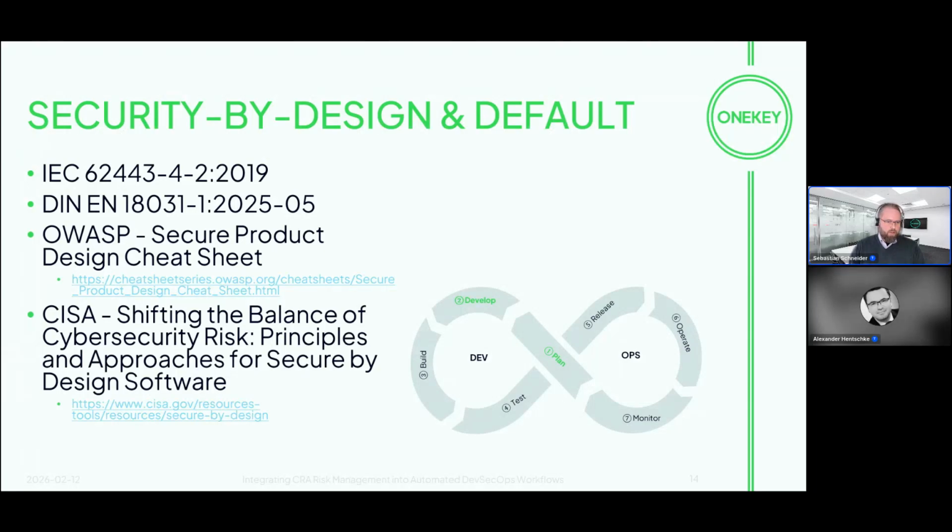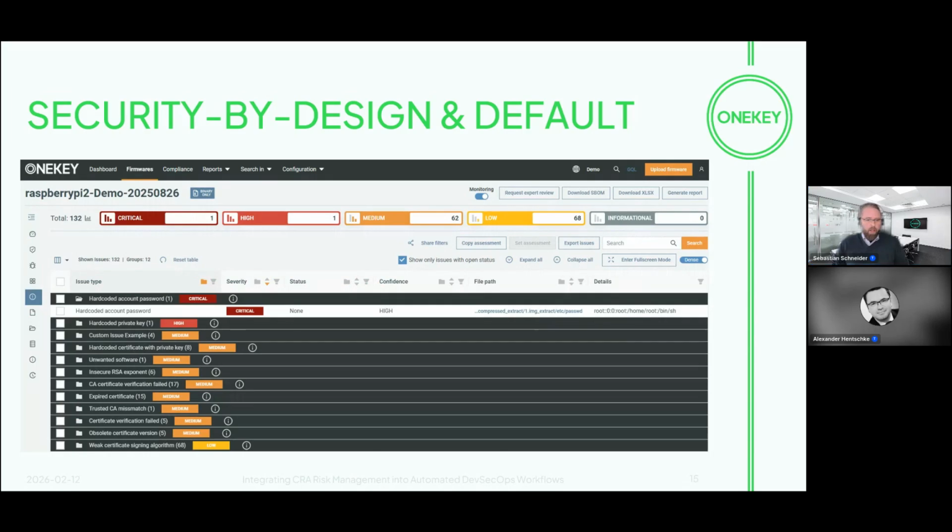And a very good read is the one from CISA, the Critical Infrastructure Security Agency from the US, which has released a series of white papers, and here especially the principles and approaches for secure by design software. Really a recommended read for getting into this topic. Again, our platform supports you to automate this analysis.